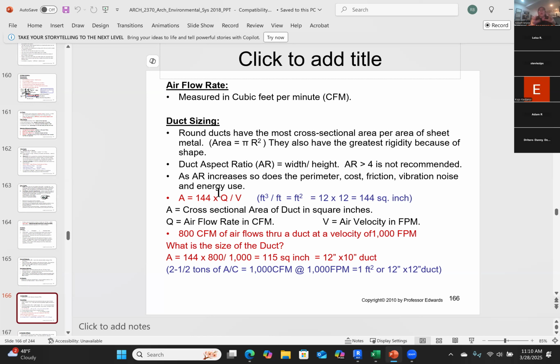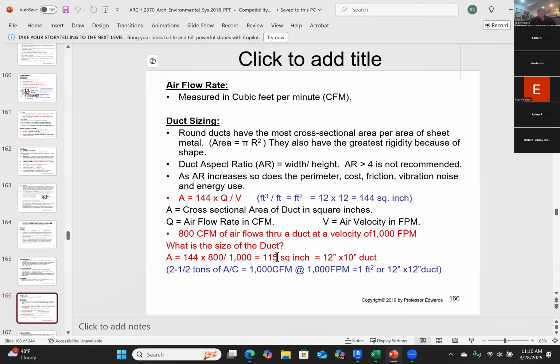So in Dr. Edwards' example, he told us we have 800 CFM, cubic feet per minute, and a velocity of airflow of 1,000 feet per minute. What's the size of the duct? Here's our formula: area = 144 times Q divided by V. Q is 800, V is 1,000. So 144 times 800 divided by 1,000 equals 115 square inches.